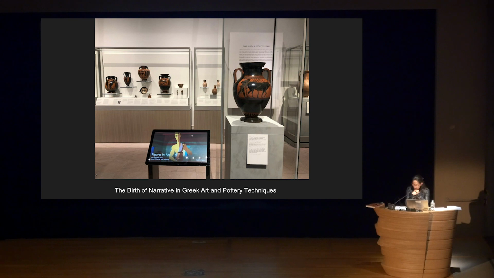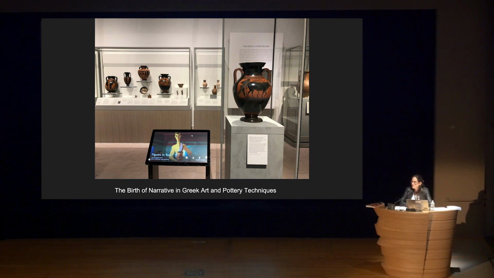And the second goal was to impart a feeling of reverence for the centuries of dogged experimentation and resulting technical expertise in the firing techniques that allowed for this very high contrast red and black brand, to use that very popular term, of Athenian vases.